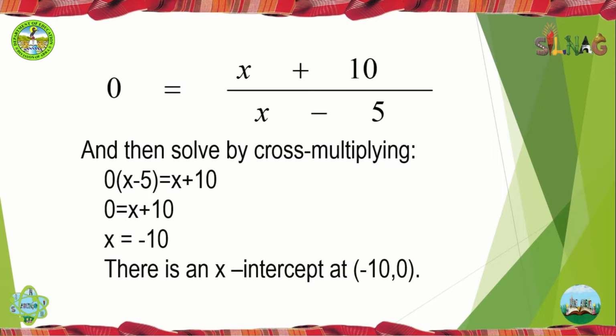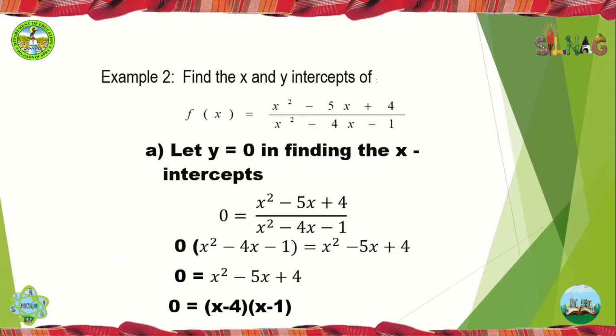Then we solve for x, so we transpose 10, so we have x now is equal to negative 10. So there is an x-intercept at negative 10, 0.